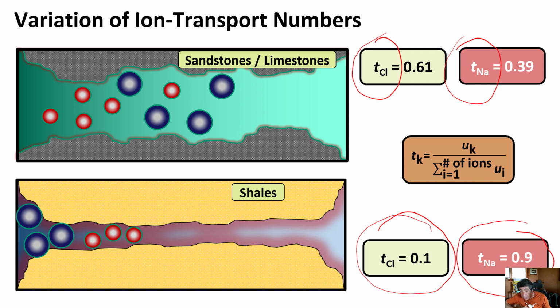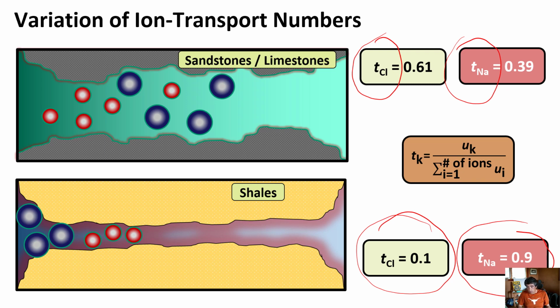For all practical purposes, although that's not the case, we could assume that the chlorine transport number is 0, and then shales become a perfect semi-permeable membrane, only allowing the passage of one type of ion. They have a discriminatory behavior because they only let one type of ion go through.